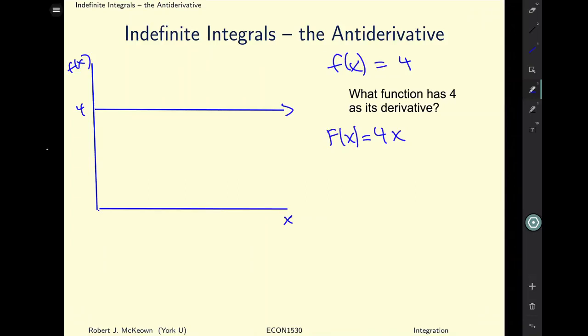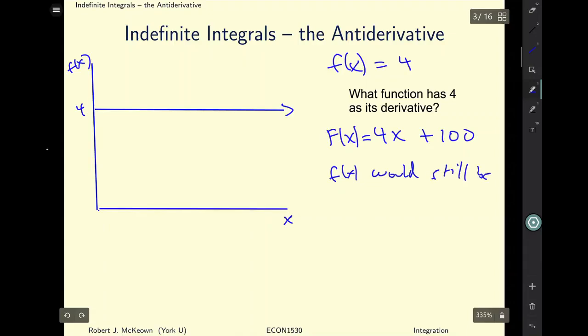Now, I don't know for sure that's the actual function. I know that this function has the derivative 4, but there could be some constant term here, right? If I added 100, then f of x would still be the derivative of big F of x.